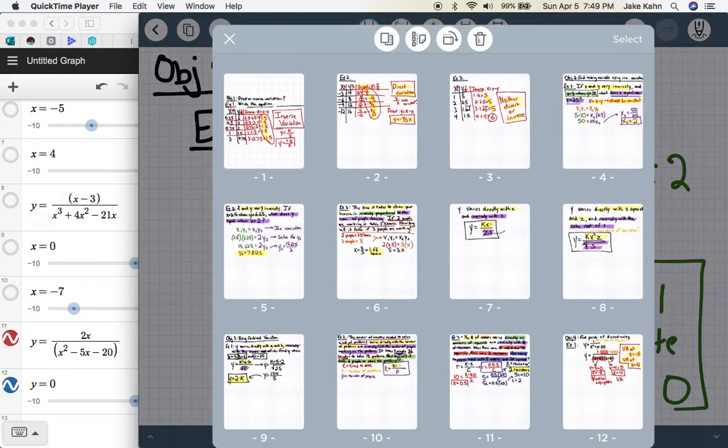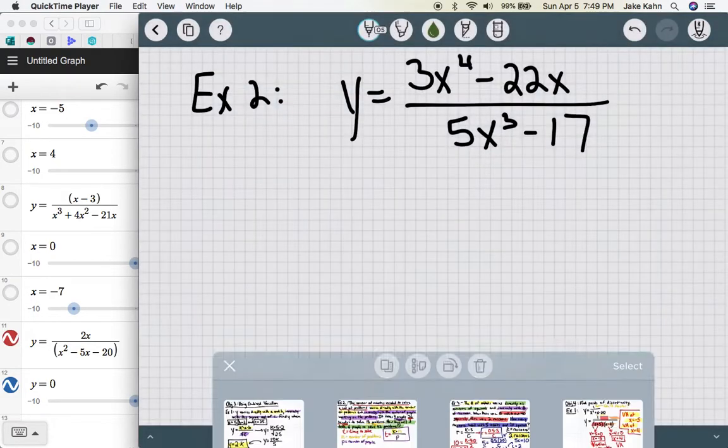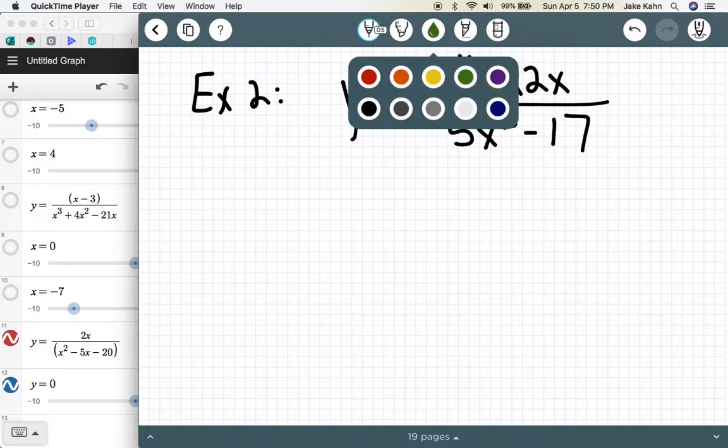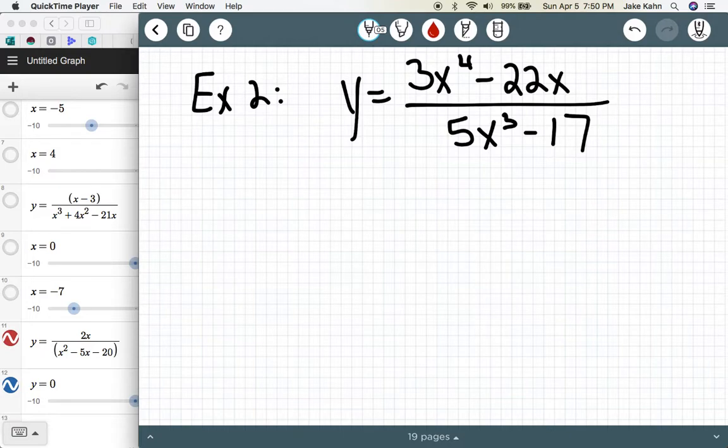Moving on to example 2. Y equals 3x to the fourth minus 22x over 5x to the third minus 17. Compare the degrees of the top and the bottom. The top degree is 4, 3x to the fourth.